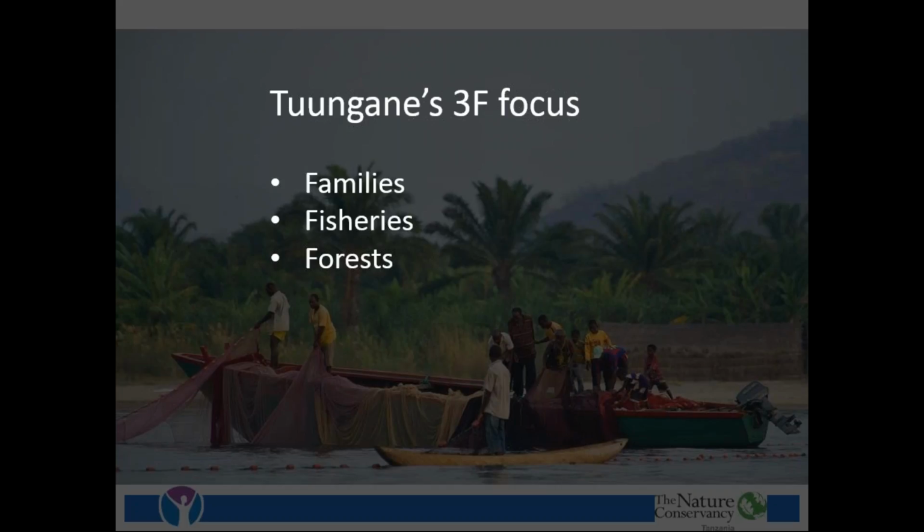For fisheries, the project organizes villagers into management units to prevent the most destructive types of illegal fishing, especially using mosquito nets to catch the baby fish. For forests, the project helps establish community woodlots for firewood production and helps people farm more sustainably on the edge of the forests.